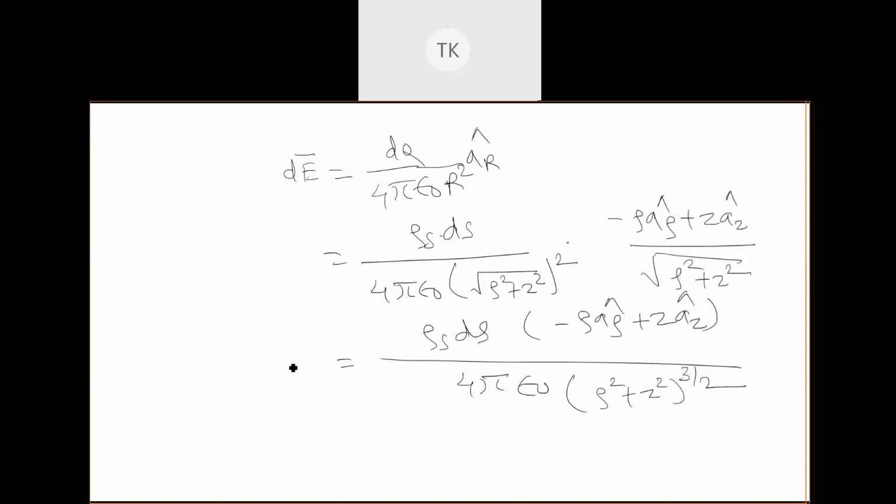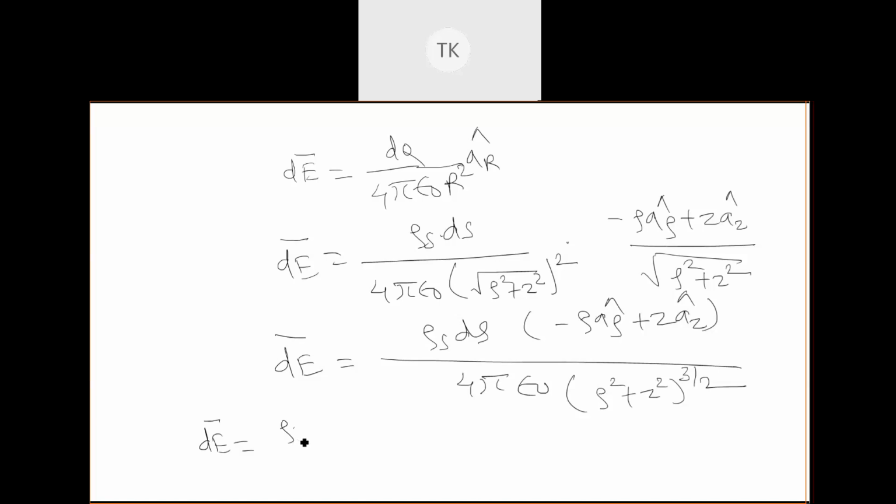Okay, so this is dE bar, the electric field intensity. There are two terms here: minus rho a rho plus z az. So we can split this for dE bar.